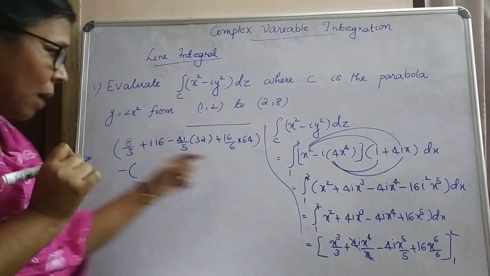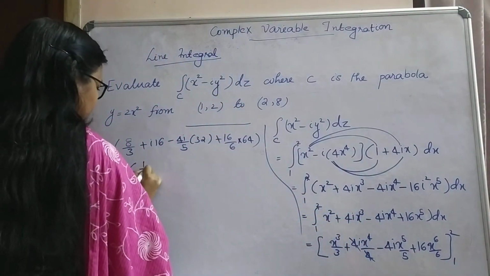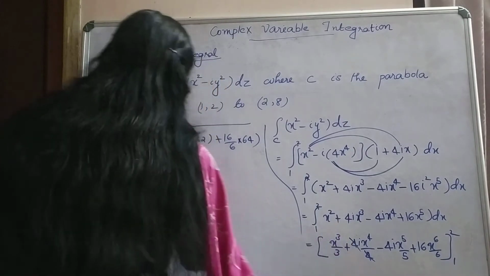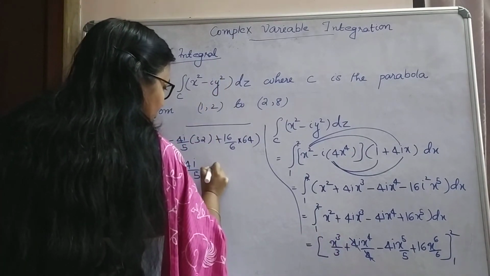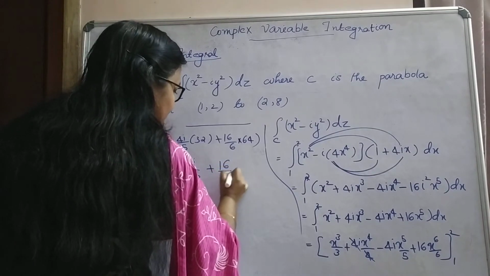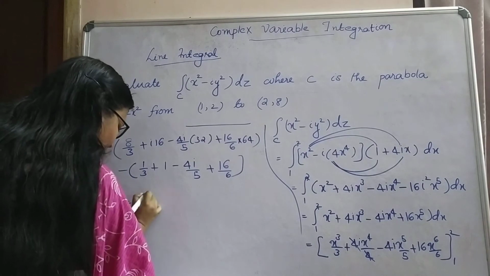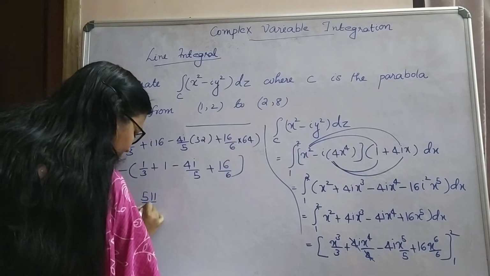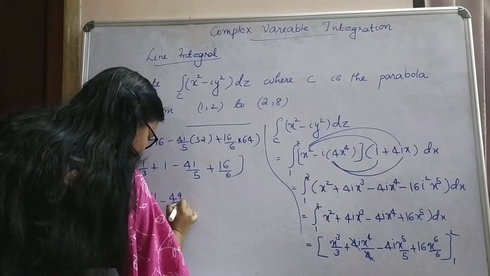Minus, applying the lower limit 1: 1 by 3, plus i, minus 4i by 5, plus 16 by 6. Here we get the answer as 511 by 3 minus 49 by 5 i.